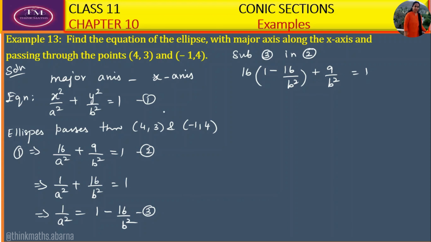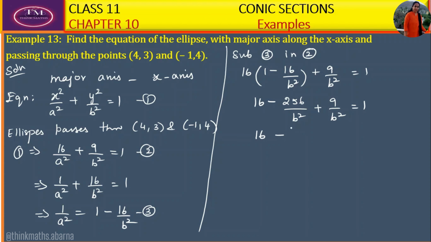Okay, so now bringing this 16 here. 16 into 1 is 16, minus 16 into 16 is 256 by b square, plus 9 by b square equal to 1. So 16 minus, now if you check, the denominator is the same for both, so it is b square.